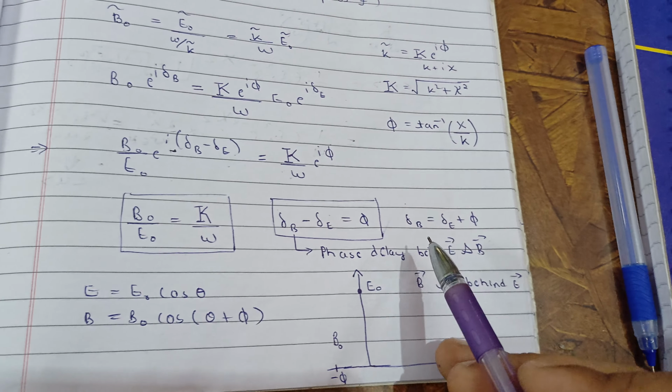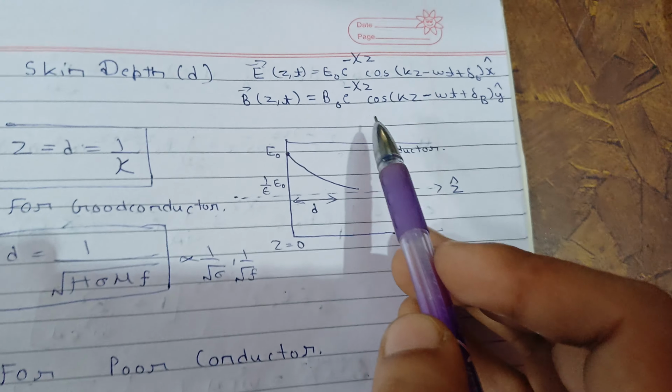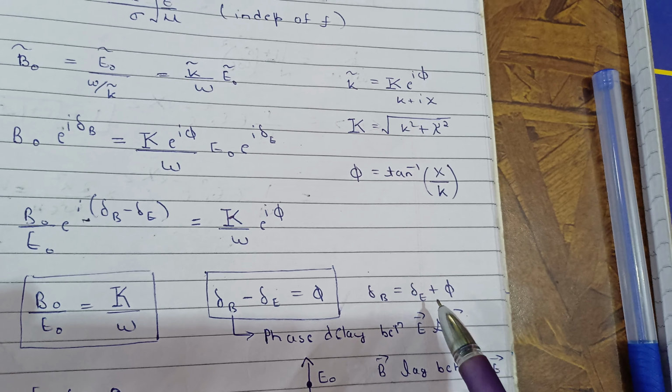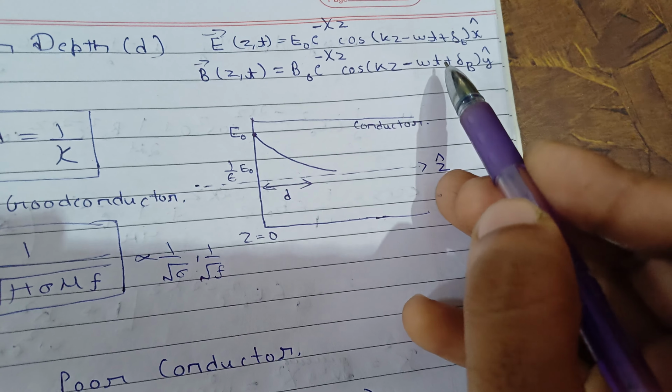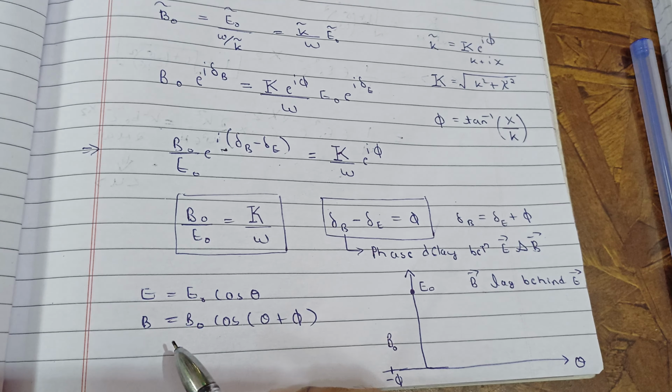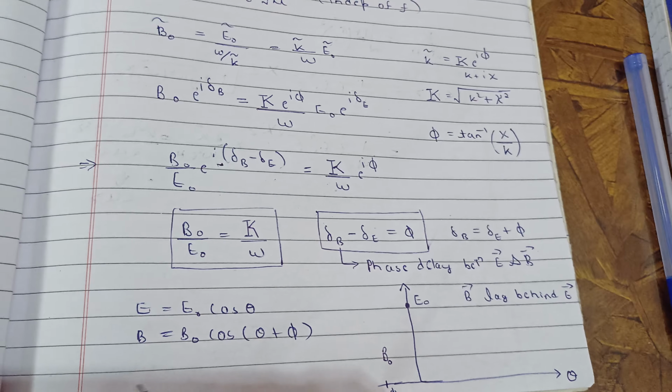Because we can see that if we assume kz minus omega t plus delta E as theta, then delta B will be delta E plus phi. So this complete term is theta plus phi. So we can write the equation in this way: E equal to E naught cos theta, B equal to B naught cos theta plus phi. So this is your equation.